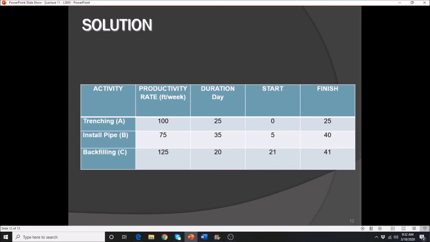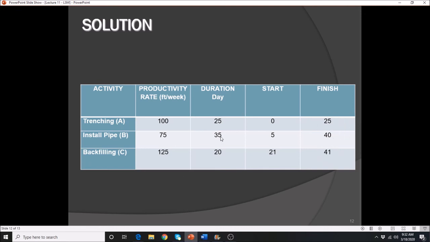So 1 week corresponds to 5 days. So 0 plus 5 days, and there you go. Alright, so with that, it gives you here the 40 days.